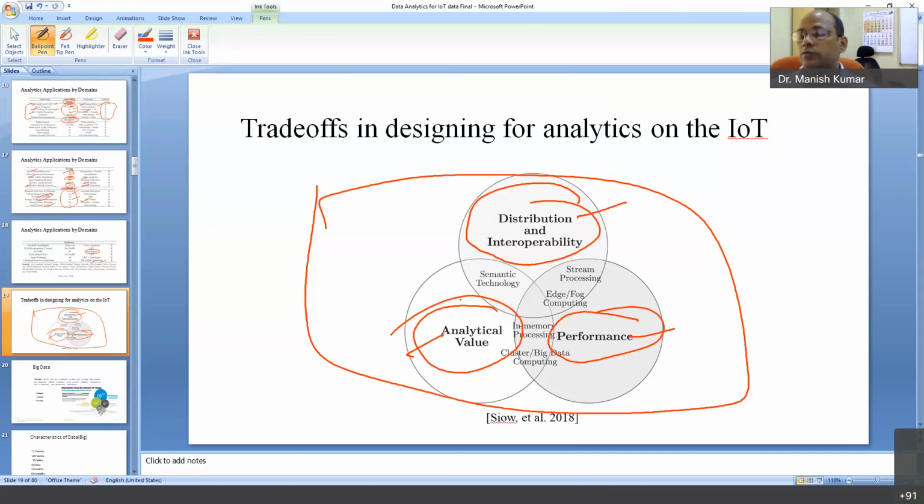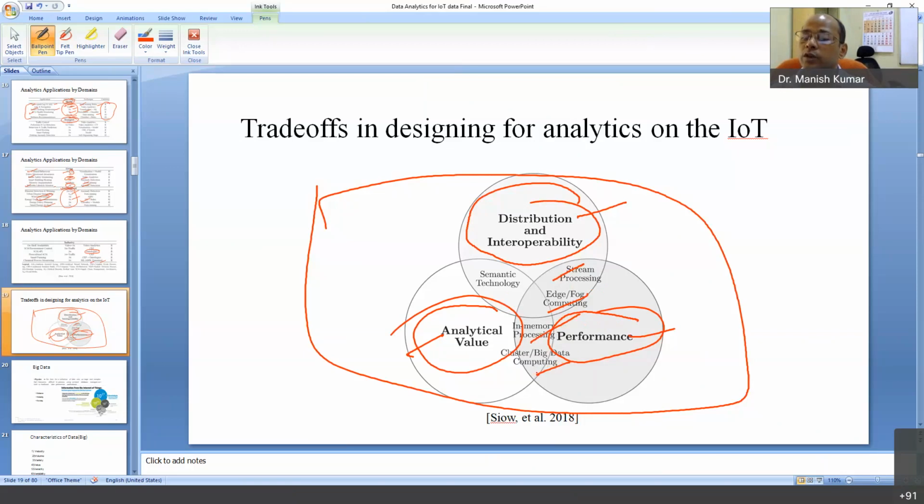As far as commonality is concerned, performance depends on streaming, edge or fog computing nodes, in-memory processing, cluster and big data computing.